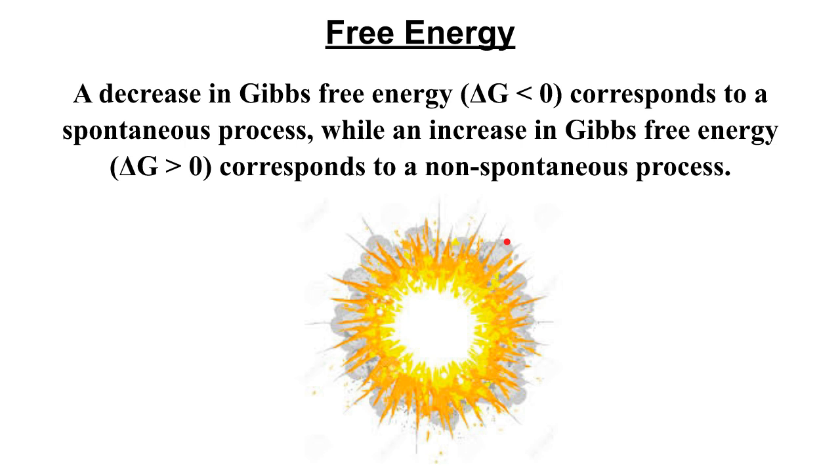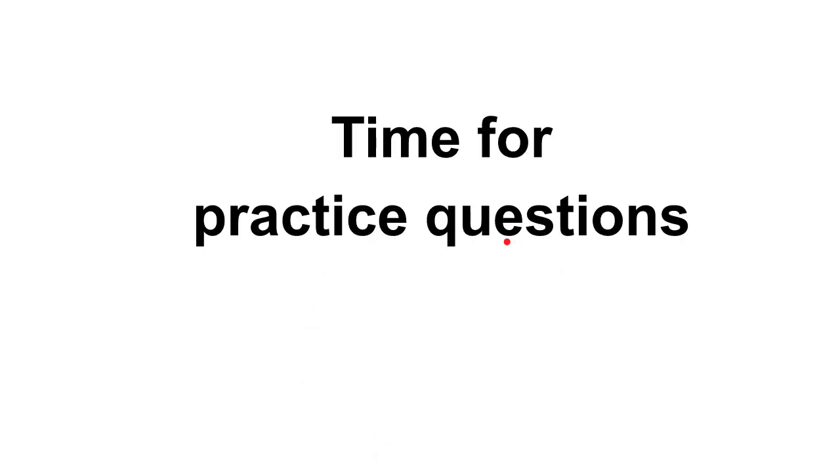So that's very important when you are assessing delta G in relation to whether a reaction will be spontaneous or not. Okay, and that wraps up our lecture for thermodynamics. So now we're going to head over and start some practice questions, and then we'll wrap everything up from there, and we will be all set with the thermodynamics part of the course.